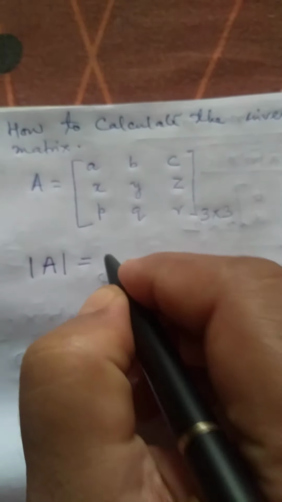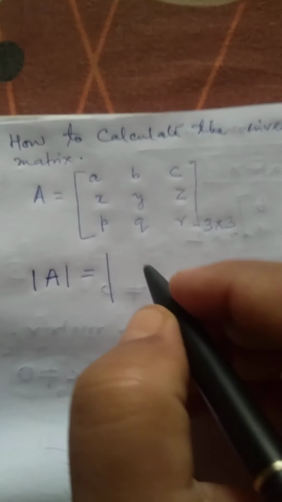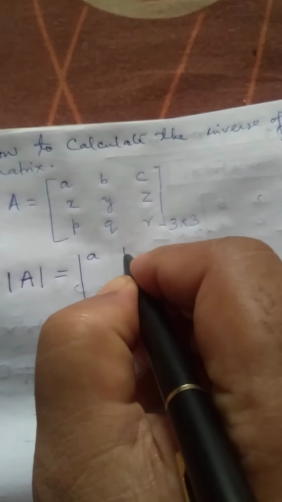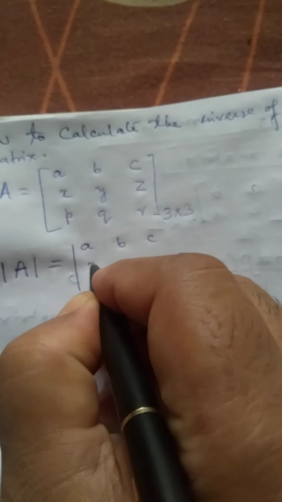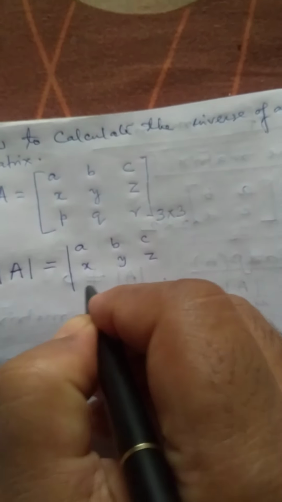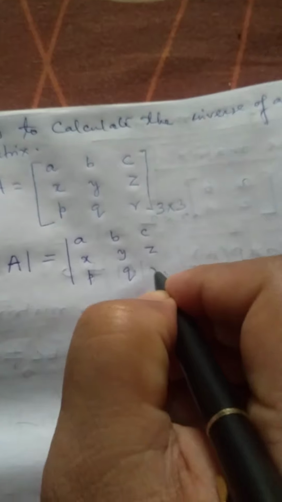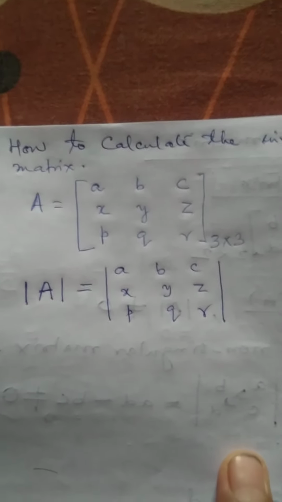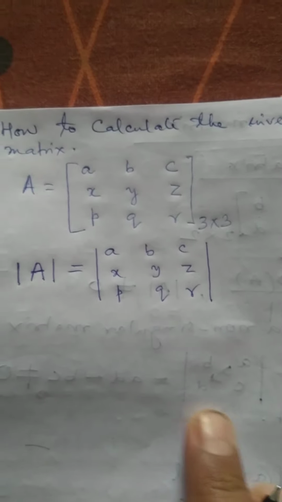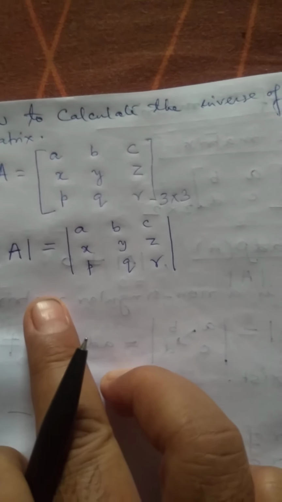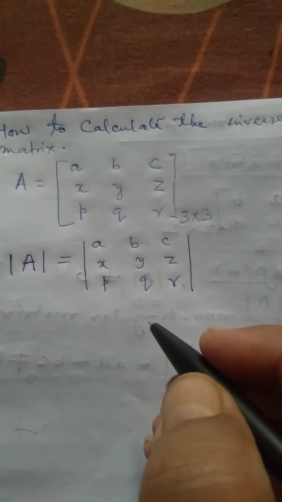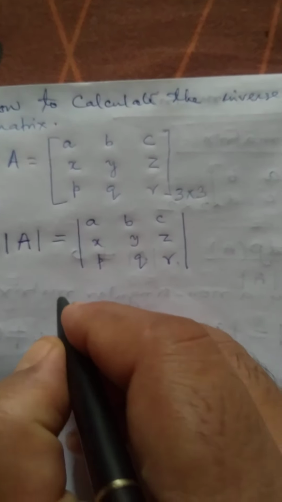This determinant A, you should write as A, B, C, then X, Y, Z, then P, Q, R. This is the symbol for determinant. You are familiar with this symbol. So you have to find determinant A. Now, how to expand this determinant?